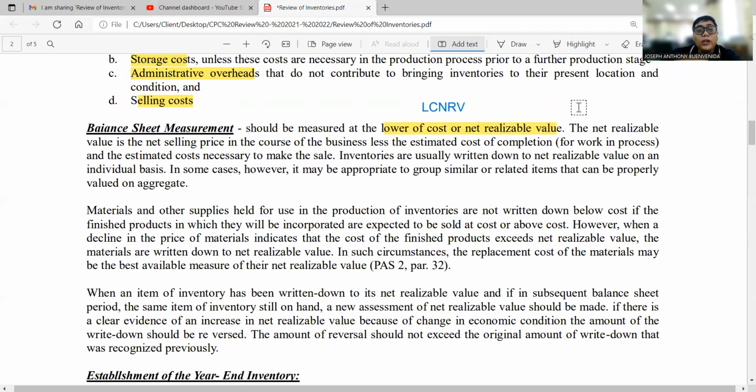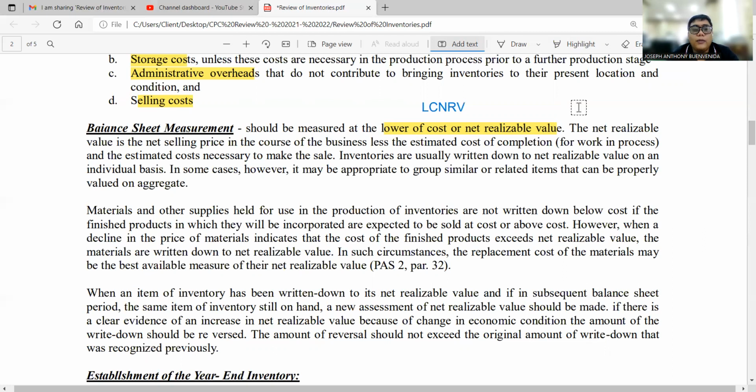And take note that inventory should be accounted and measured individually unless it is impossible to do so, so you need to group it. So we need to measure at the lower of cost or net realizable value, whichever is lower.